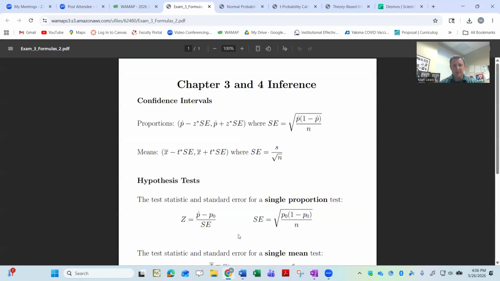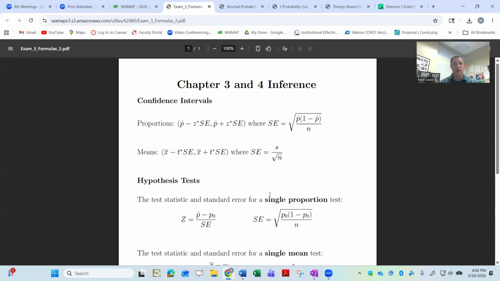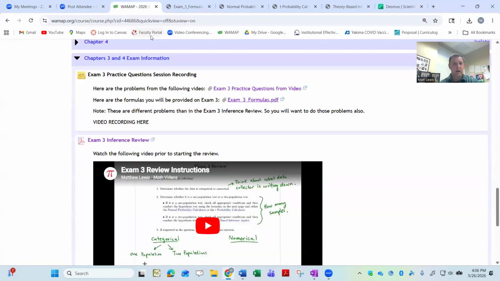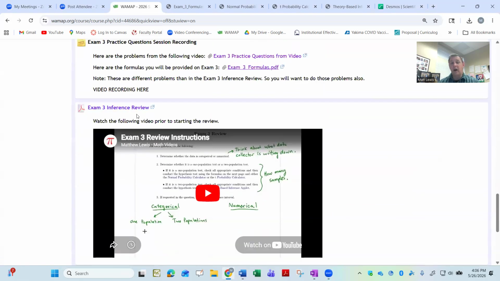So this document will be attached to the written work portion that you'll get from the test proctoring center. So all of this will be at your disposal. All right. And let's see, there was one other thing. Yes. The inference review, exam 3 inference review.